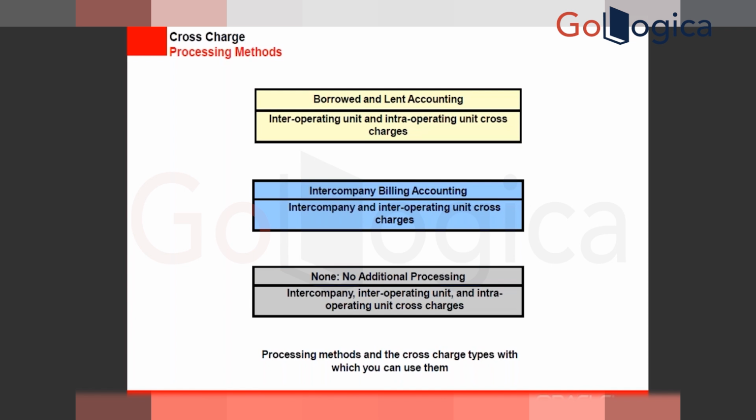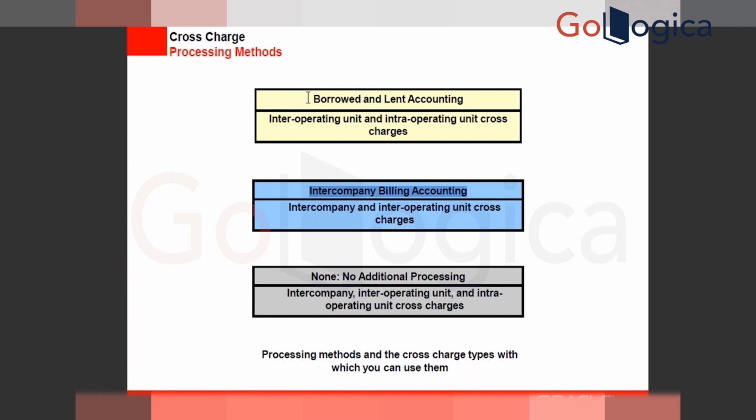Now, intercompany billing mainly talks about invoice generation. The provider will be generating the AR invoice, and that will be sent as an AP invoice to the receiver. The receiver will pay the money, and that will be recorded in the receipt. So here mainly the invoice concept comes into the picture.